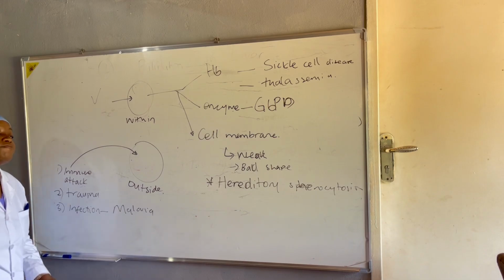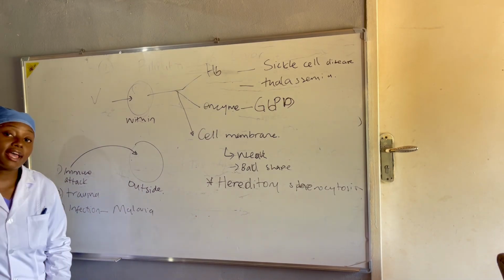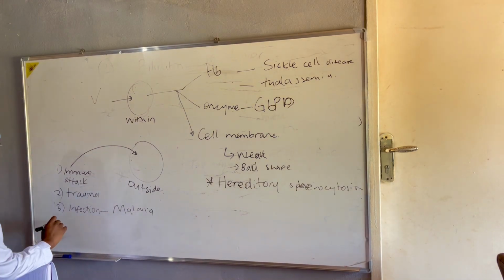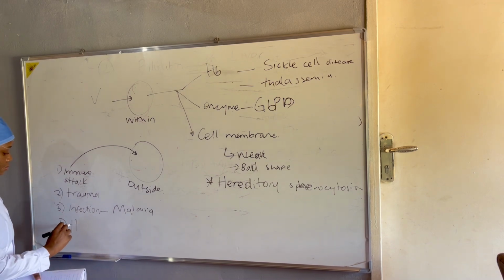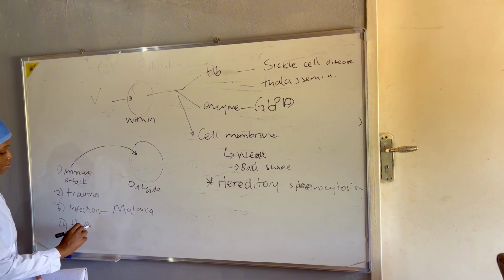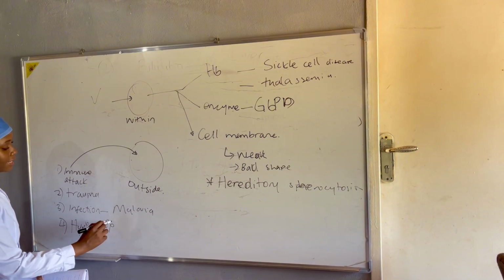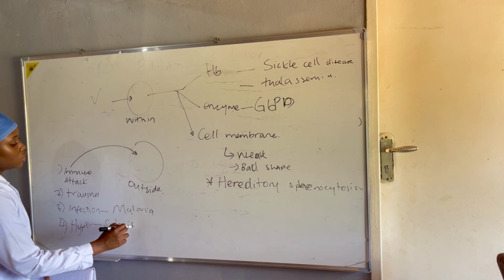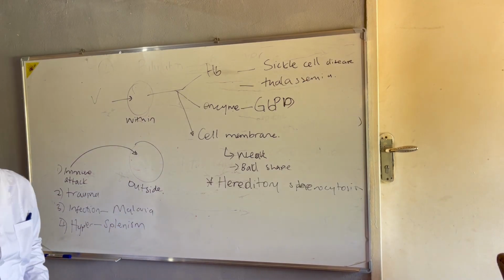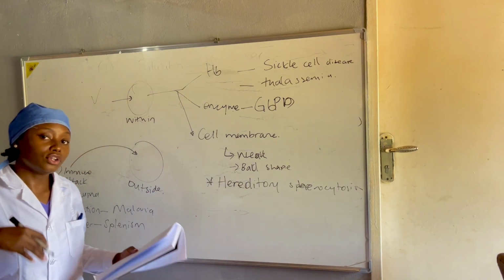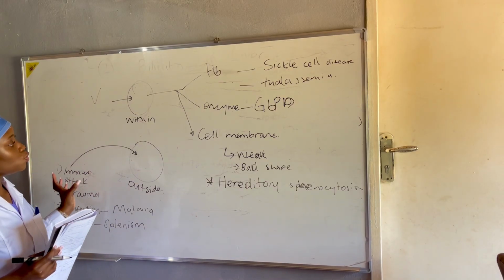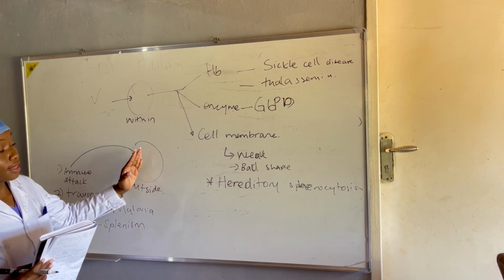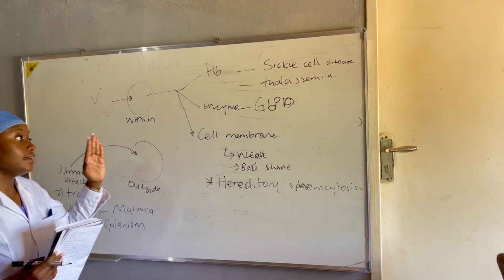Malaria usually targets the red blood cells, hence red blood cells die quicker. Number four, hypersplenism. If the spleen is doing a magnificent job in degrading the red blood cells, these are external factors which can cause early death to the red blood cell.